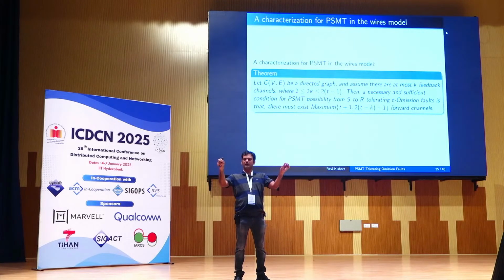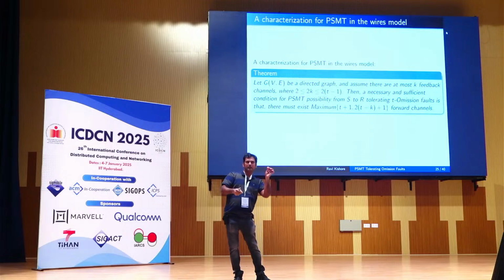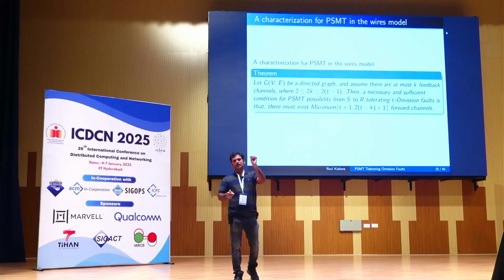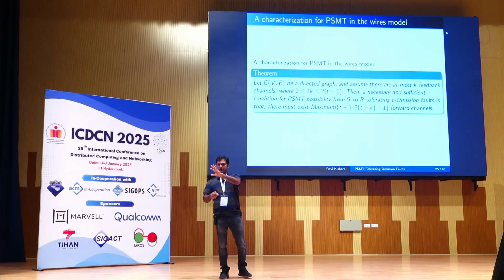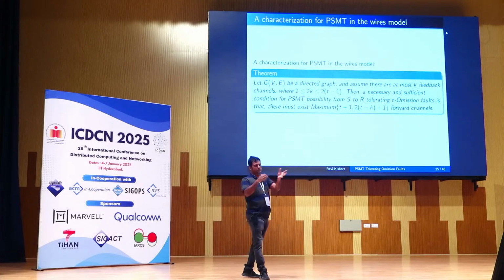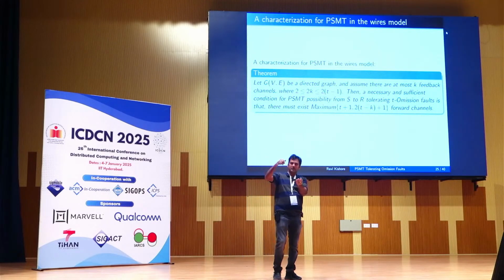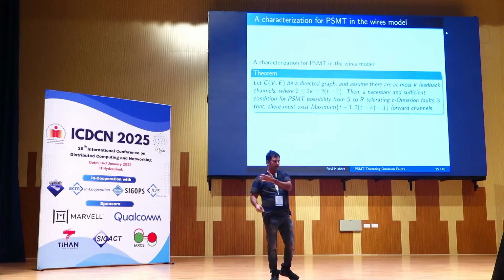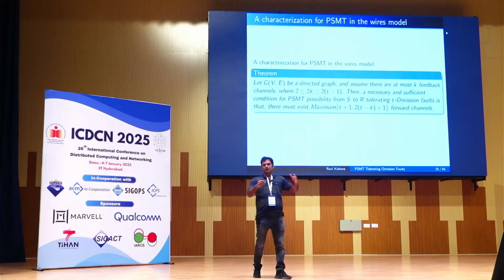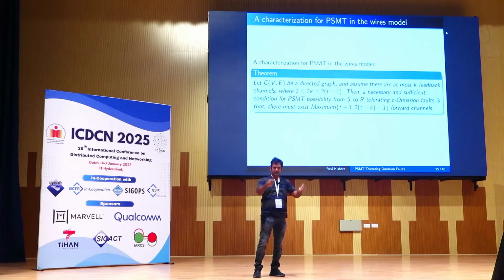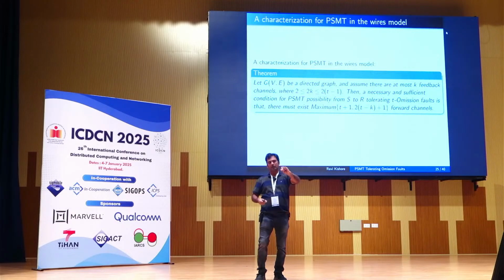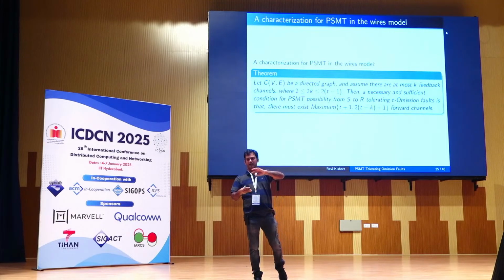How it works is that in 2 phases, the sender and receiver try to establish a key securely. If that is successful, in the 3rd round, the sender masks the message with the key and delivers it. Because both agreed on the key, the receiver unmasks the message using the key. But if in the 2 rounds that is not successful, then the sender will be able to identify that all the k feedback channels are corrupted.